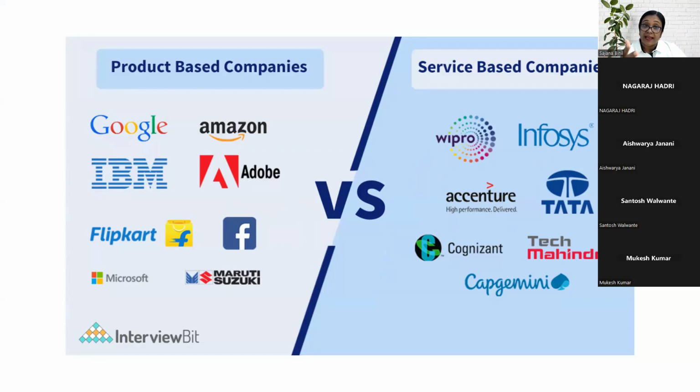But the second category is product-based companies. So in fact, I should say product-based companies and service-based companies are in line with each other, more or less. Product-based companies are those companies which have their own products out in the market, like Google, Amazon, IBM, Flipkart, Facebook, Microsoft. These are product-based companies.